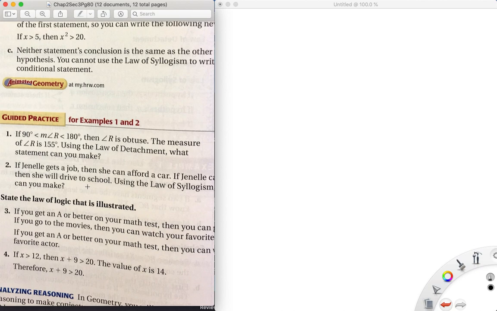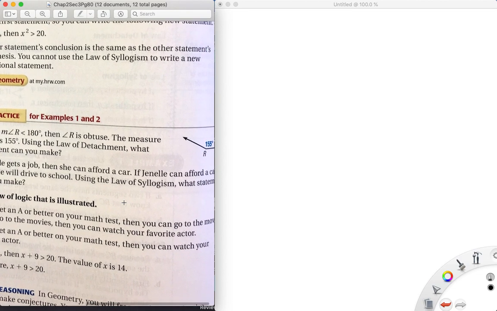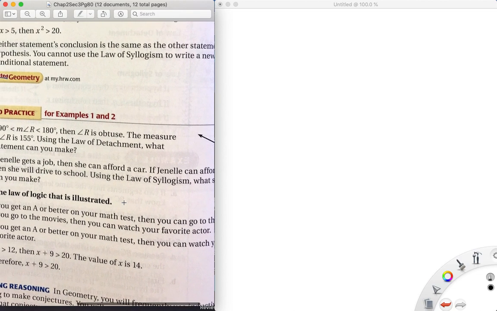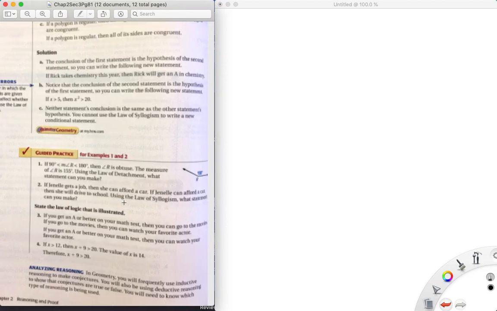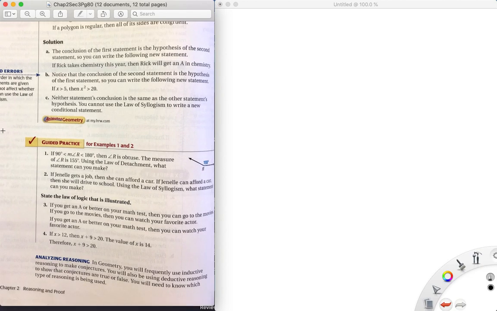Number 2 says if Janelle gets a job, then she can afford a car. If Janelle can afford a car, then she will drive to school.